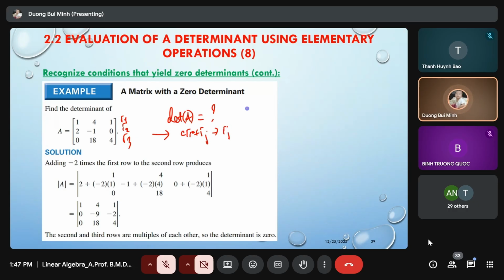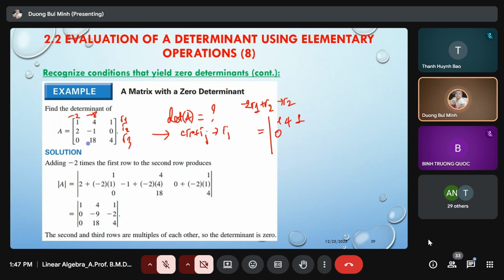Here we have minus 2 times R1 plus R2 relate to R2. So we have the determinant of A, the determinant of B, and you get A1 for R1. This is 0 because we have minus 2.